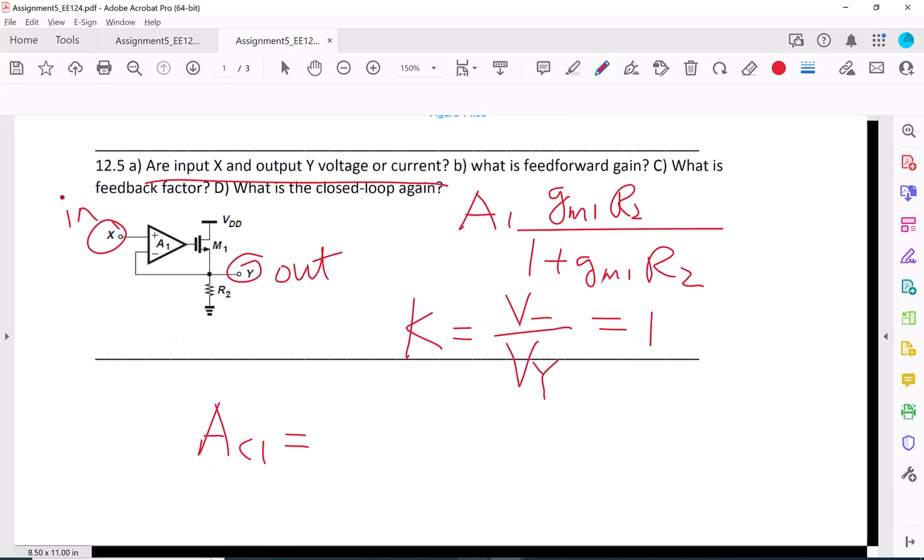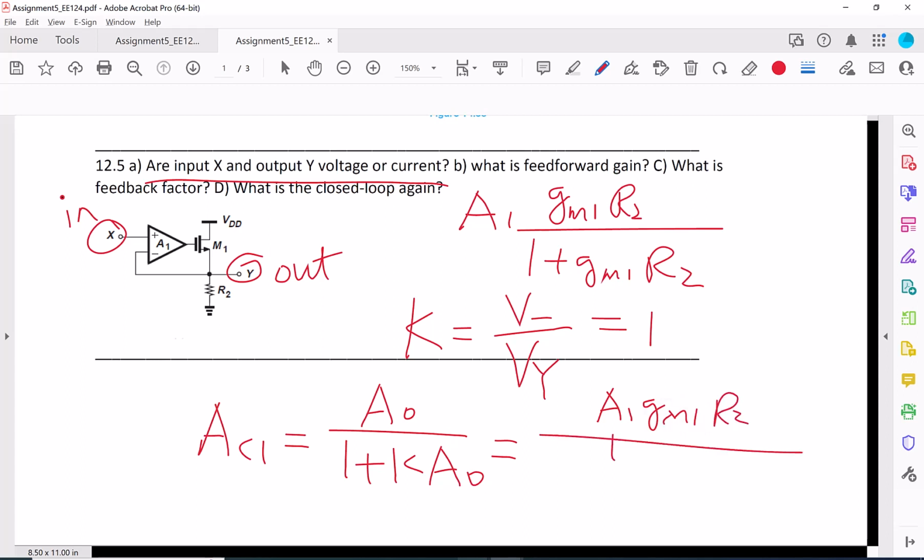You should memorize this equation, right? A0 over 1 plus K A0. So what is that? All of that. You are lazier than me, asking me to write, okay. All of that over 1 plus 1 times all of that.